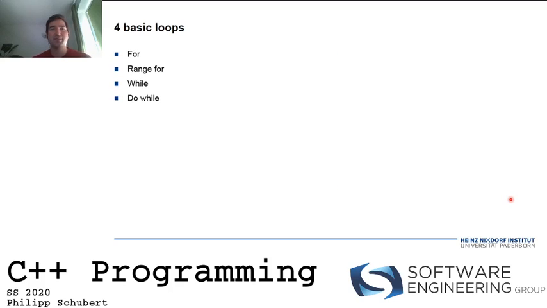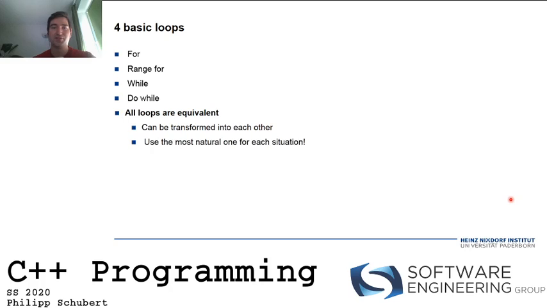So we have 4 basic loops. The for loop, the range for loop, which is used for containers, the while loop and the do while loop. And it's very important to keep in mind that all loops are equivalent. So each loop can be transformed into another loop. But you should use the loop that feels most natural for the current situation.